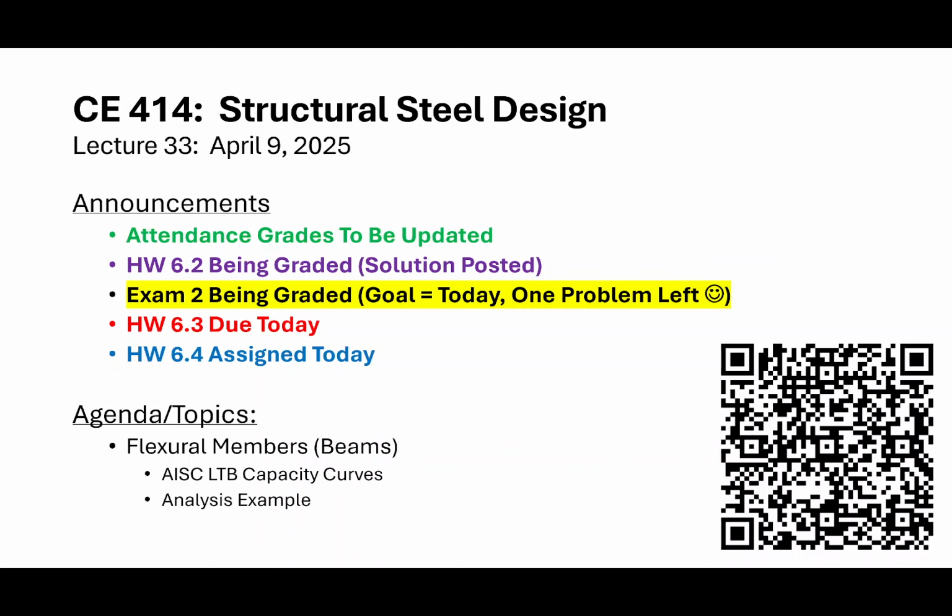Okay, so today is a pretty important lecture in terms of setting the stage for flexural design of discretely braced beams. Remember, we said that discretely braced beams are the more general case, right? So a continuously braced beam is the same thing as a discretely braced beam with LB equals 0.